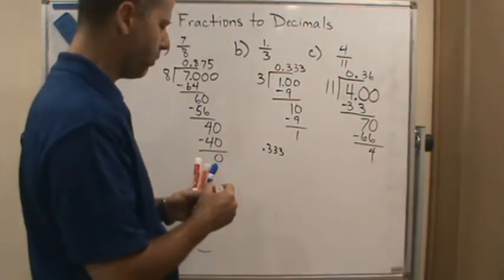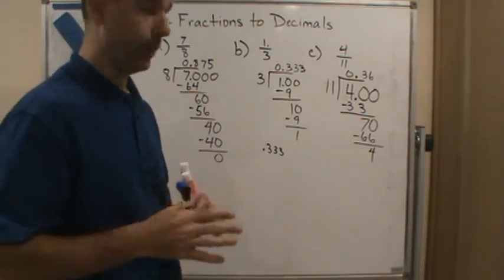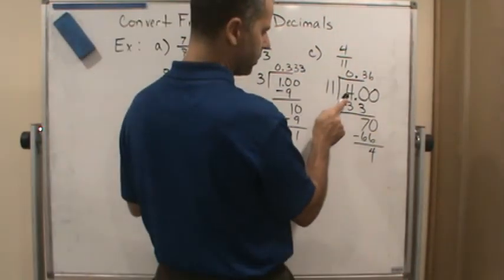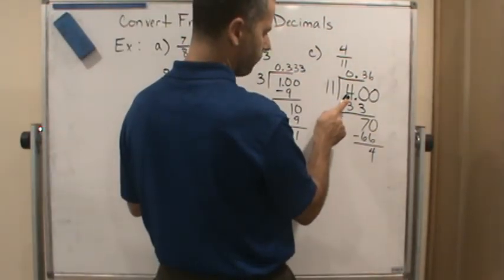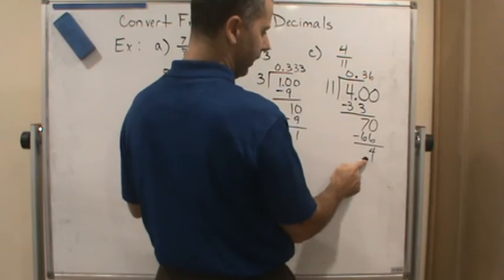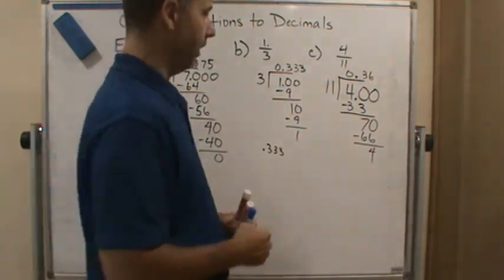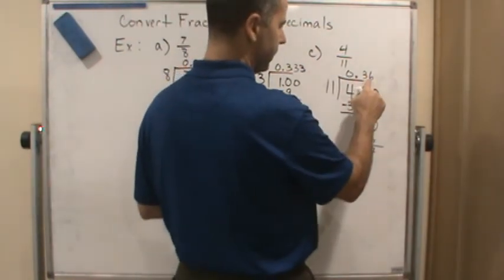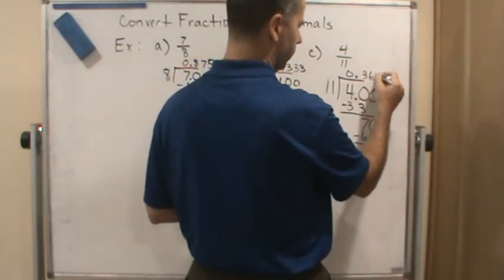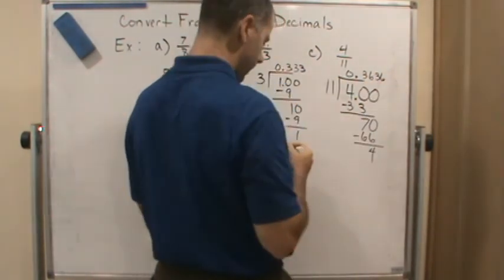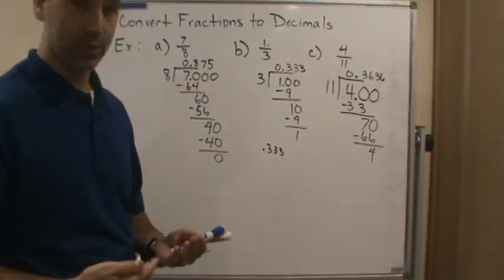Now look, that's what we started with. Again, this is where we pause and say, wait a minute. We started with 4, and now we've got 4 again. So this tells me that this is going to repeat. It's going to repeat 3, 6, 3, 6 over and over again. So again, we're going to round this to the nearest thousandths.